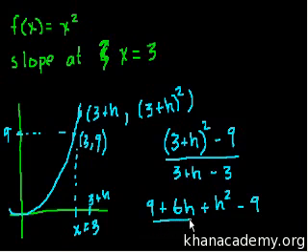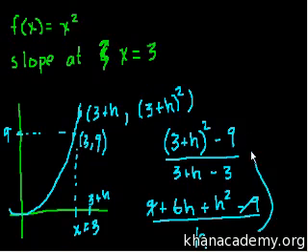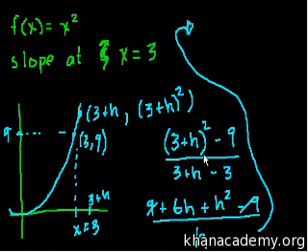All of that is over, well, this 3 and this minus 3 cancel out, so you're left with h. And the 9 minus 9 cancel out too. So we're left with 6h plus h squared over h.